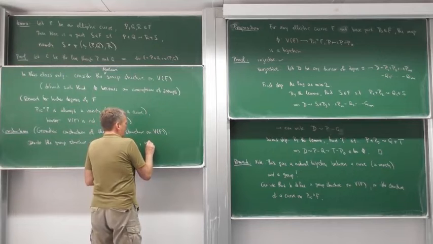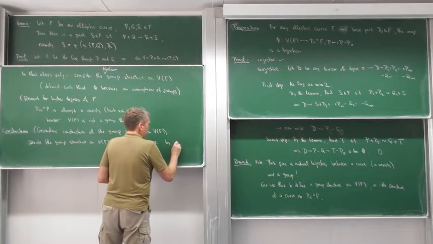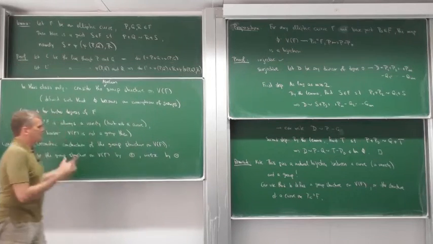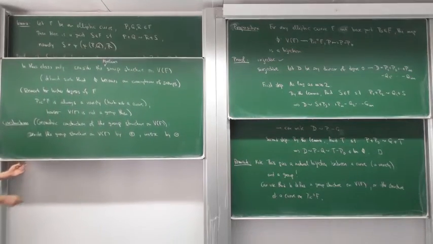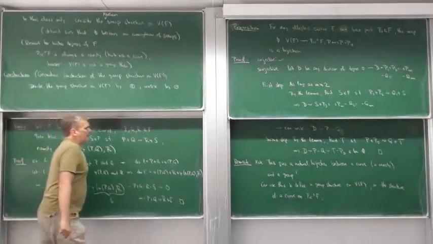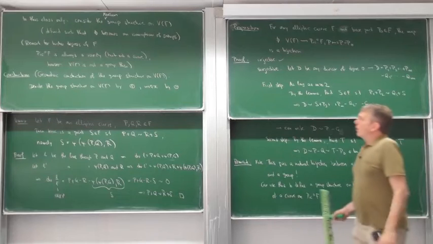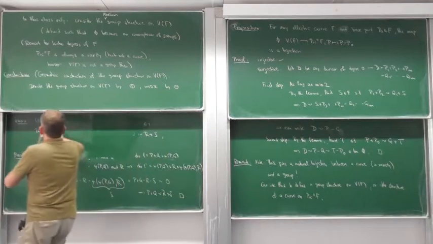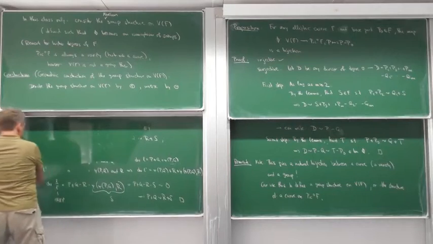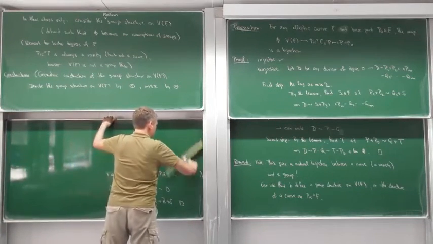And correspondingly, I will denote the inverse by minus with a circle around it. So we just need a name for that group operation on V of f that doesn't look like an addition of divisors.